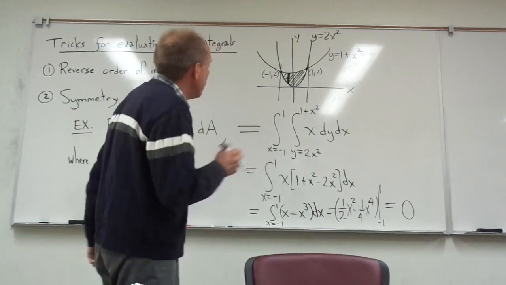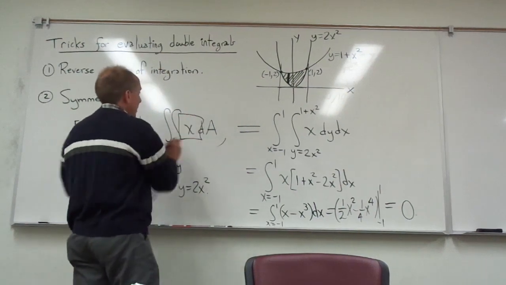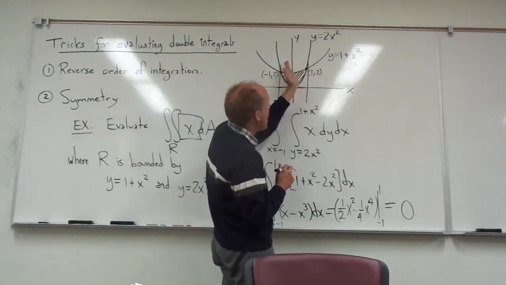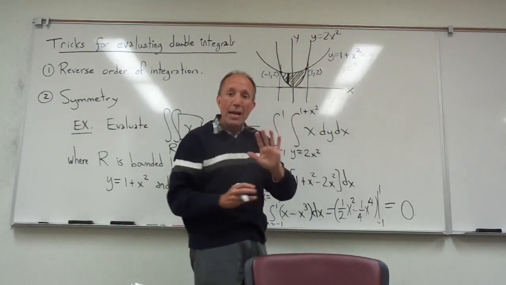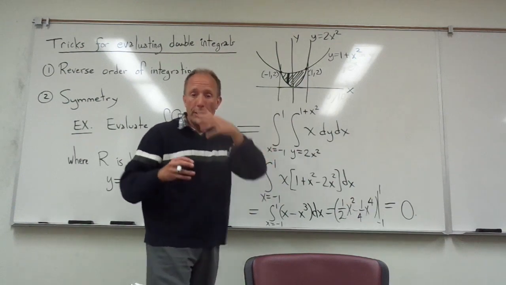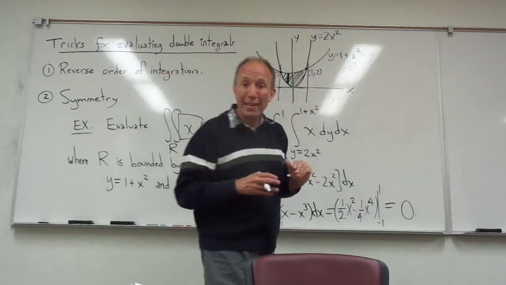Right? How come? Well, look at the region, and look at the function that you're integrating. X. Would you agree that on the right half of this shaded region, x is positive? So you're integrating the function x, a double integral, over a positive domain.